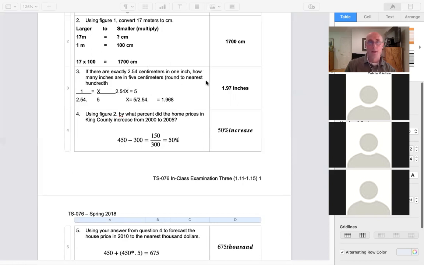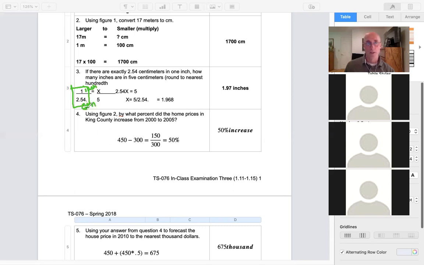It says, if there's exactly 2.54 centimeters in 1 inch, how many inches are there in 5 centimeters, rounded to the nearest hundredth? What we've set up is a ratio, ratio number 1: 1 inch is 2.54 centimeters, cm for centimeters.